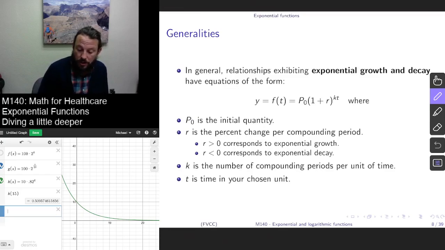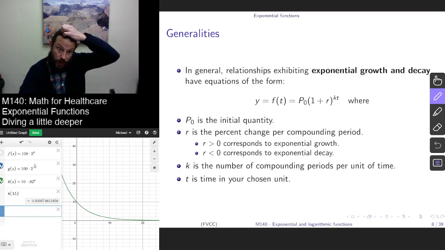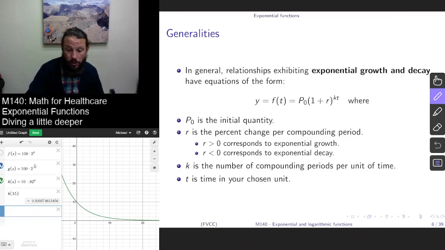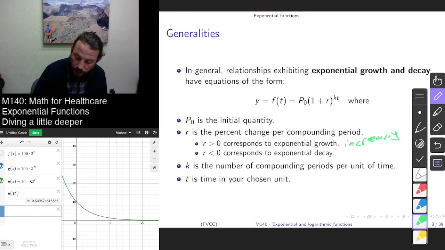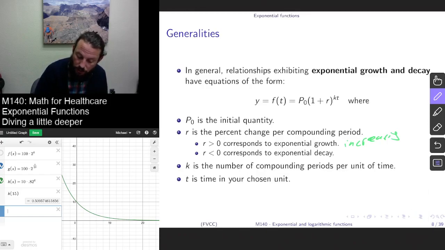If r is greater than 0, we have exponential growth, like our blue function g of x, which was increasing from left to right. If r is less than 0, we have exponential decay, or a decreasing function.